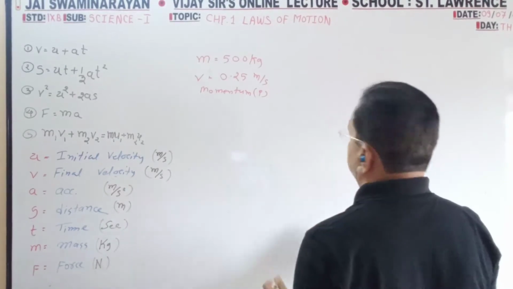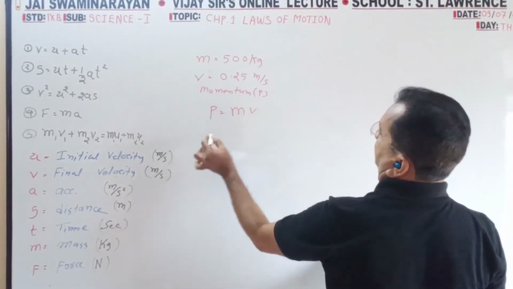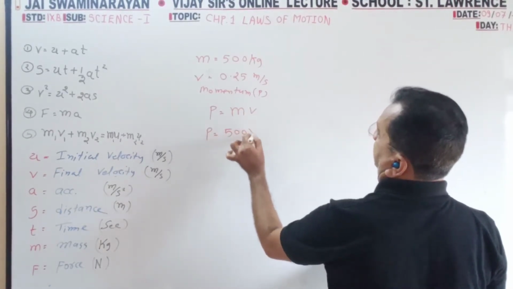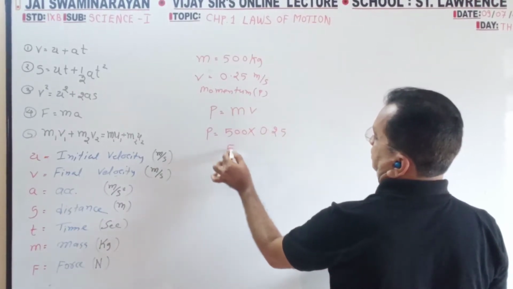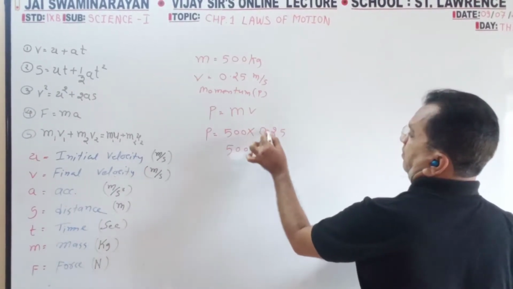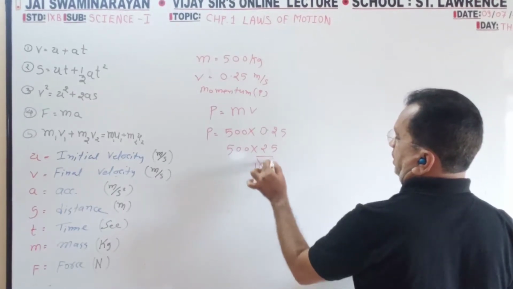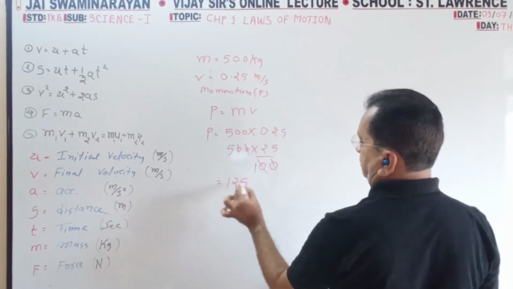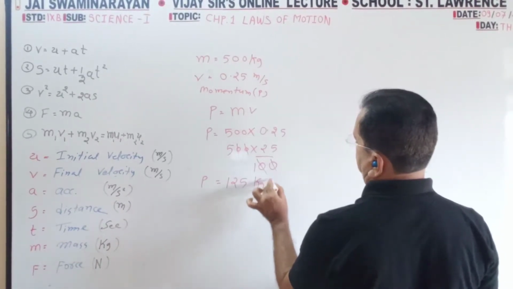Momentum symbol is P, and it is mv. So P is equal to m v, 500 times 0.25. So 25 divided by 100 times 500, that is 125 kilogram meter per second.